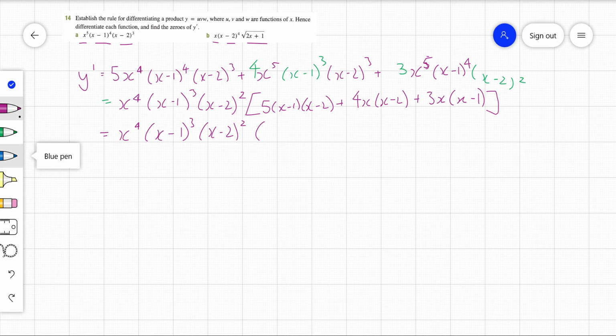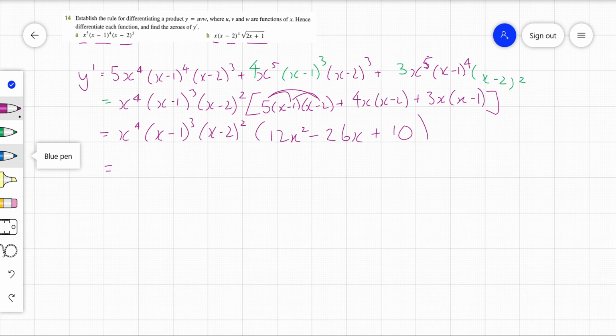So if I expand the inside, I'm going to get 12x squared minus 26x plus 10, because it's going to be times by that first.